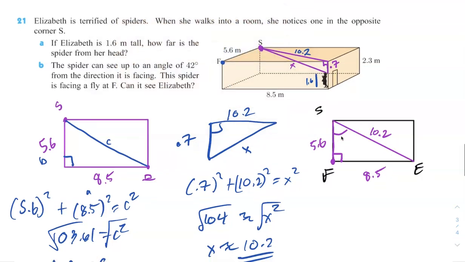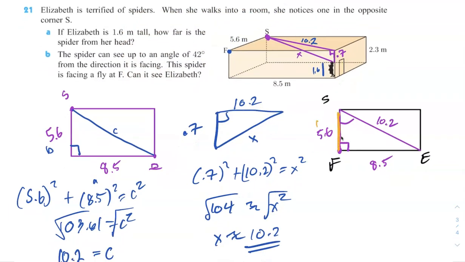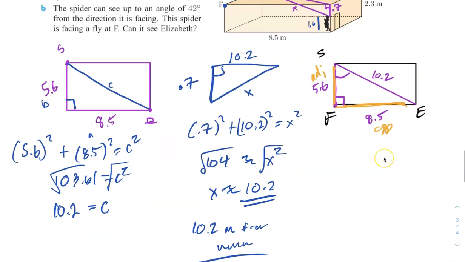We have a right triangle. This side is adjacent and this side is opposite. I like to use the given values whenever I'm solving for an angle instead of one I found, because it will be a little off if we rounded. So we have opposite and adjacent, and we're trying to figure out this angle. So it's tan: tan of theta equals opposite over adjacent.